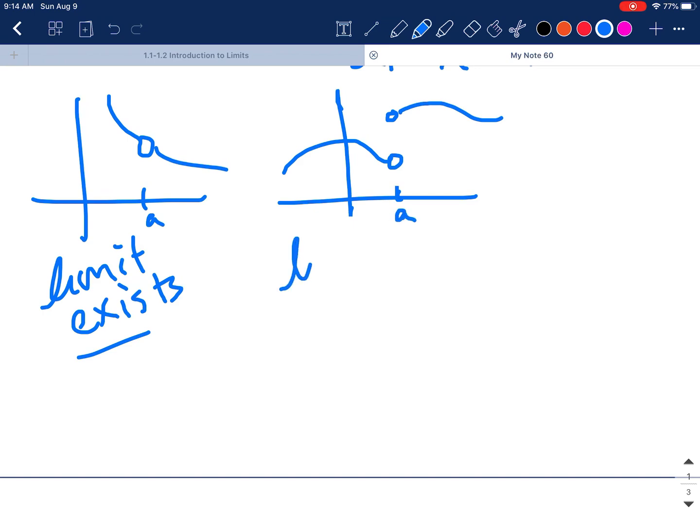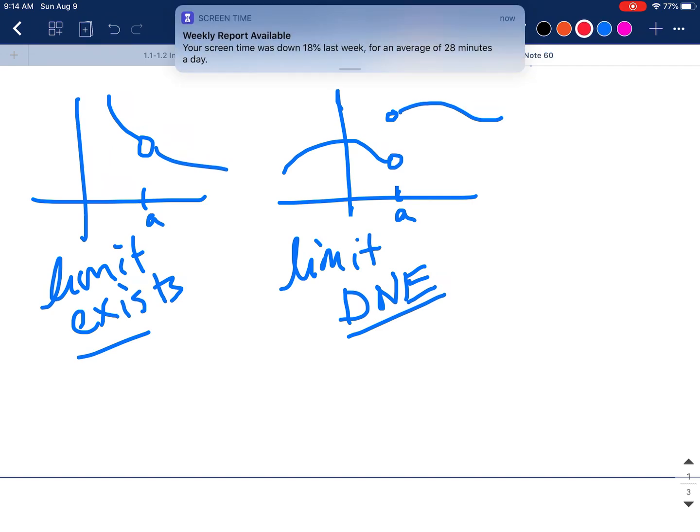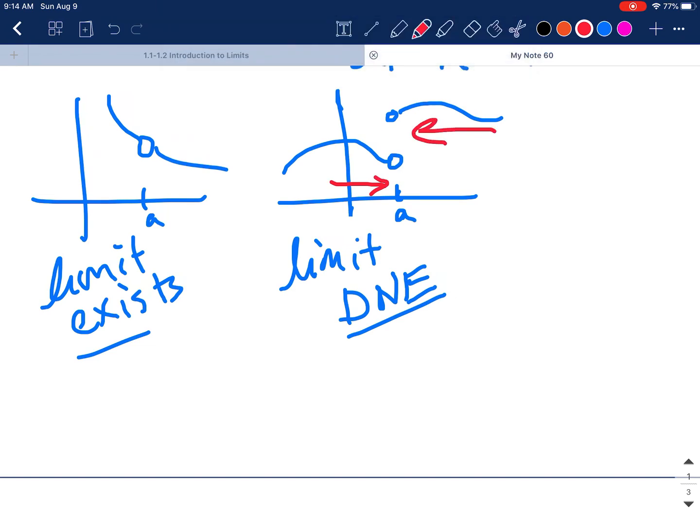And in this case, we would say that the limit does not exist, or DNE, you can shorthand it, because the limit from the left is not equal to the limit from the right. So those two values are not approaching the same numerical quantity, so the limit doesn't exist.